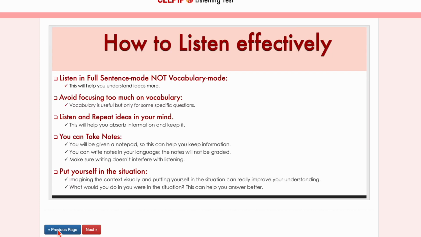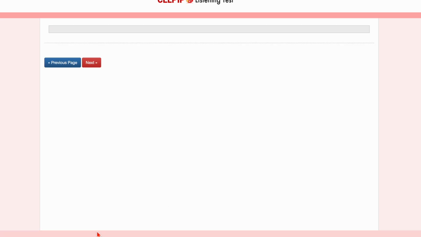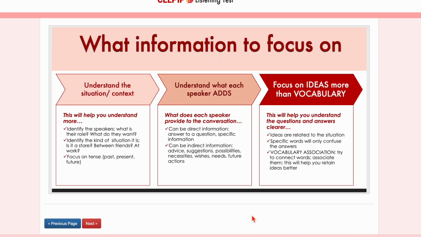The guide tells you how to listen effectively, what you can do. Very important. Yes, full sentence mode, not vocabulary mode. This is very important for lower levels. Also, what information can we focus on? Part 2, daily life conversation, understanding the situation and the context. It will always be important, okay? Try to understand ideas more than just vocabulary.